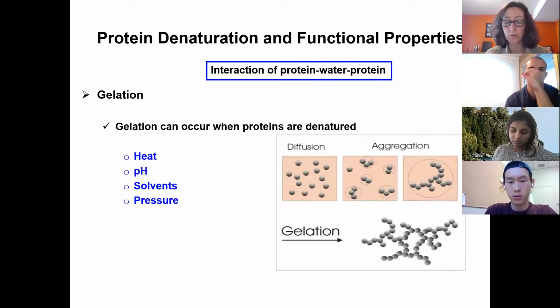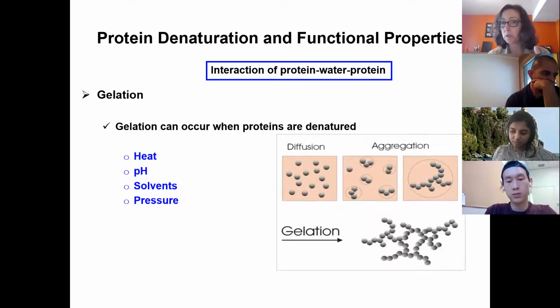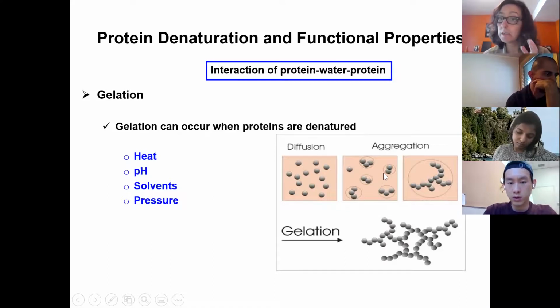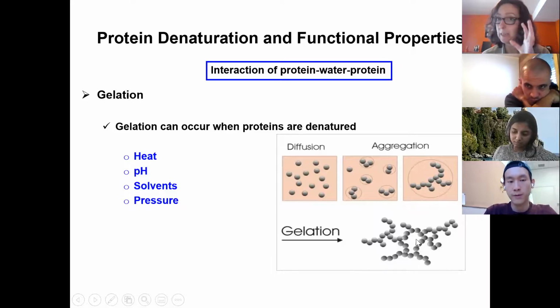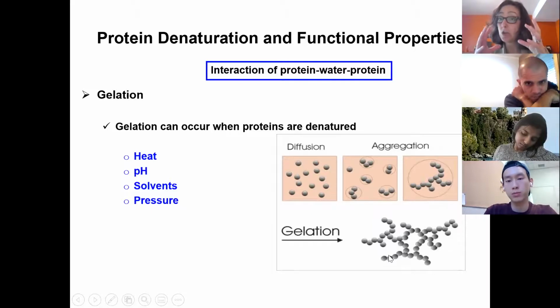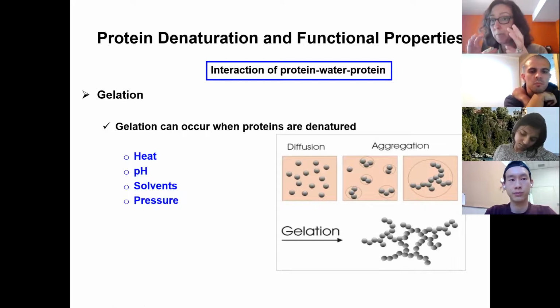So let's talk about thermally induced gel. What happens is you start with heat, and then when the protein denatures, it starts forming what we call soluble aggregates. And with more heating time, gradually the aggregates start forming a network. That network is a balanced network in the sense that you don't get an aggregate, you have the water entrapped in it, and you get your gel with all the water that was in your system entrapped in that gel.